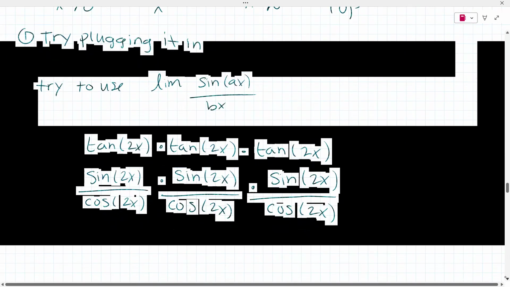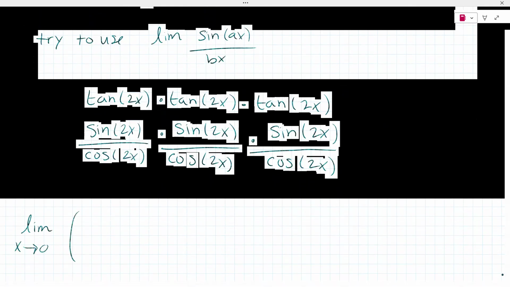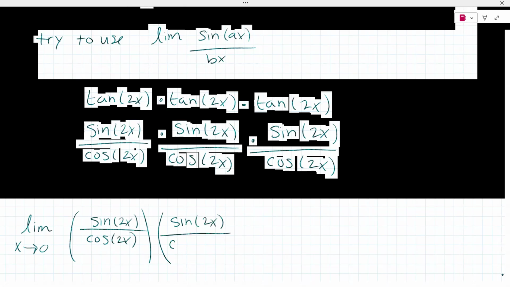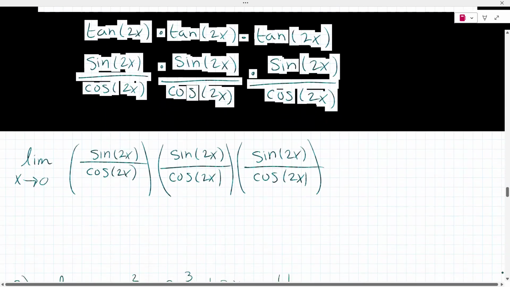Okay, so what we're going to do is rewrite it as the limit as x approaches 0 of sine of 2x over cosine of 2x times sine of 2x over cosine of 2x, and so on. And then on the bottom, it's just x cubed.